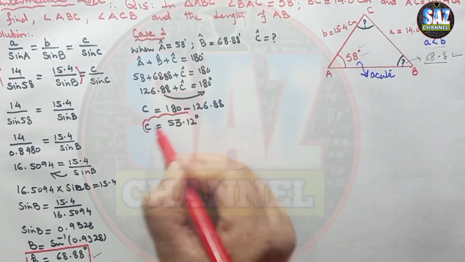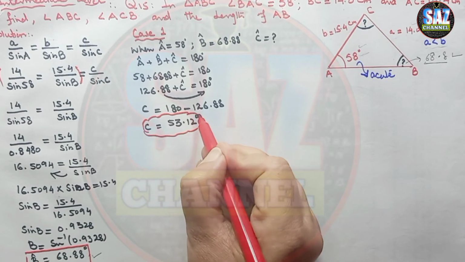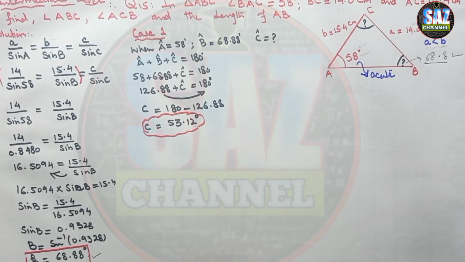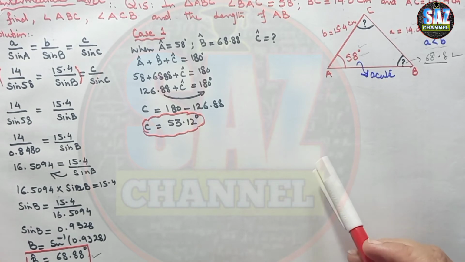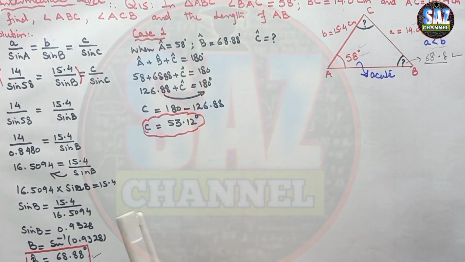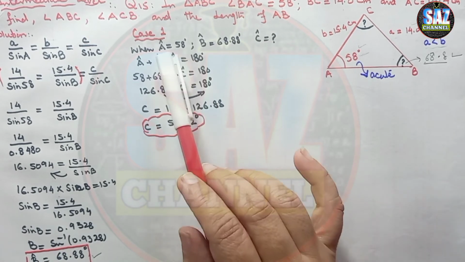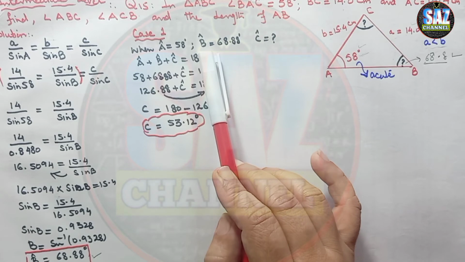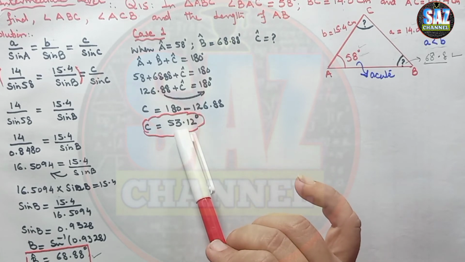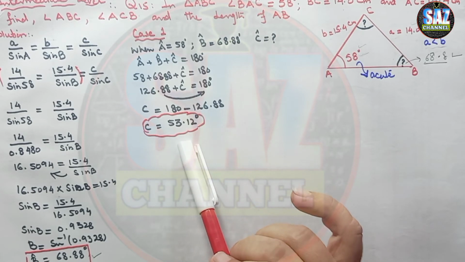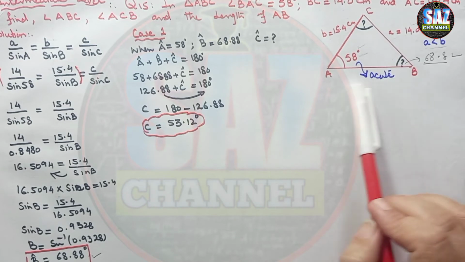Now, another thing that we have to observe is that angle C is 53 degrees. And now, what is the other unknown? When angle A is 58, B is 68.88, and C is 53.12, with the help of this information, what is the value of length AB?